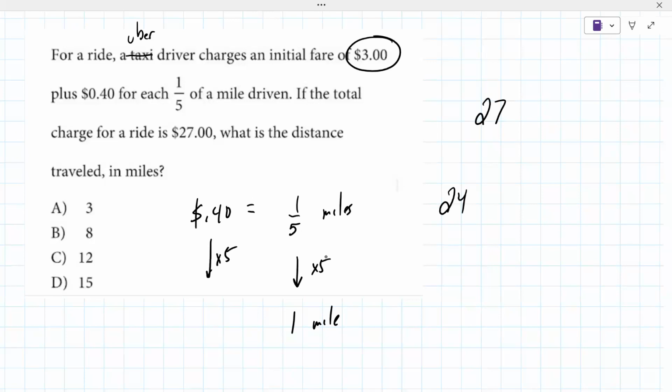So that'd be $2, I think. Yes, $2. $2 to go 1 mile. So the 12 miles. All right, got it. Very good.